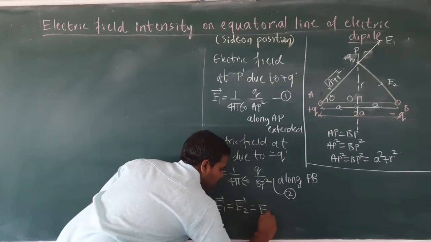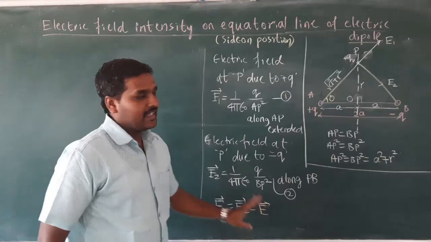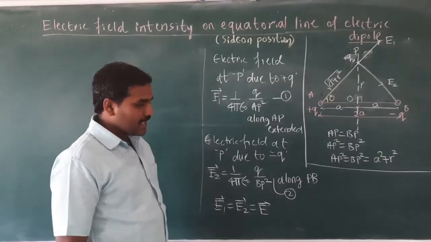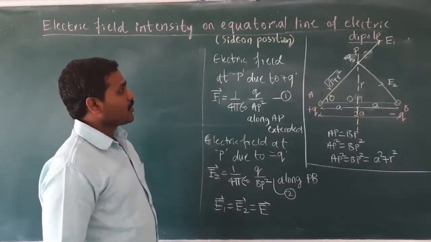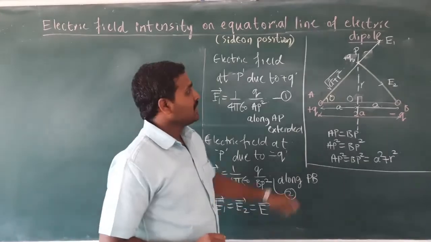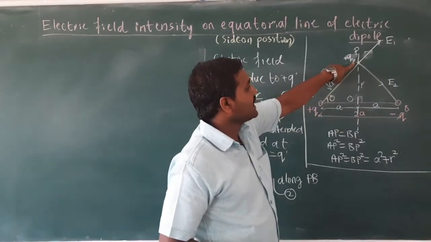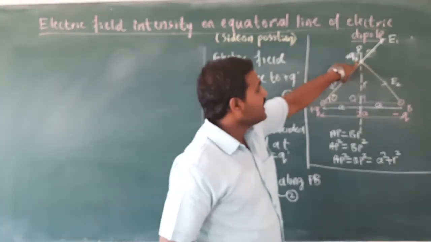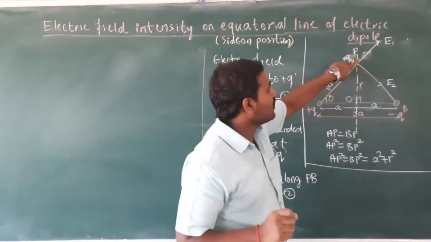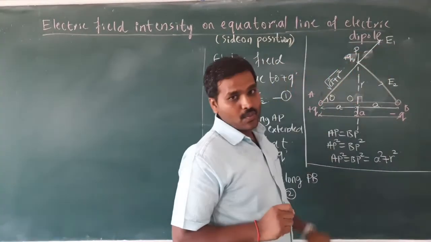So let me write this as P. Next, from the principle of superposition, the total net electric field intensity at P is the vector sum of E1 and E2.